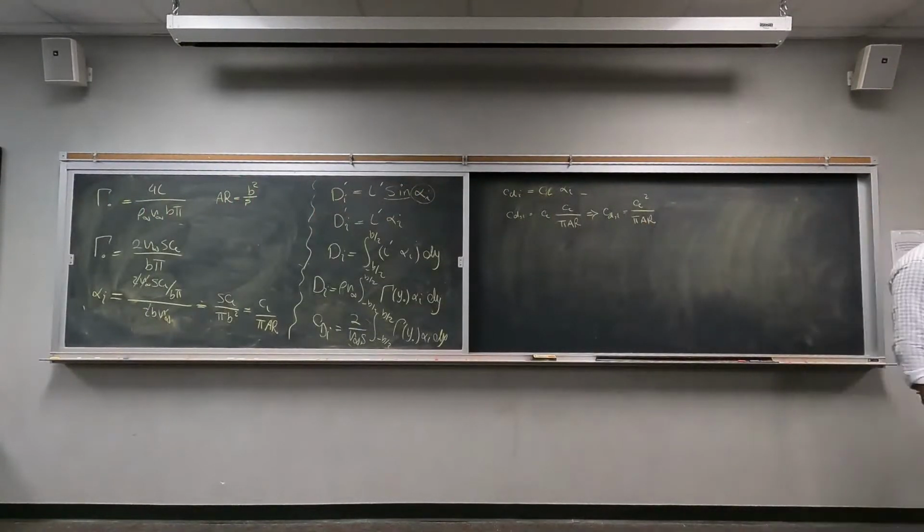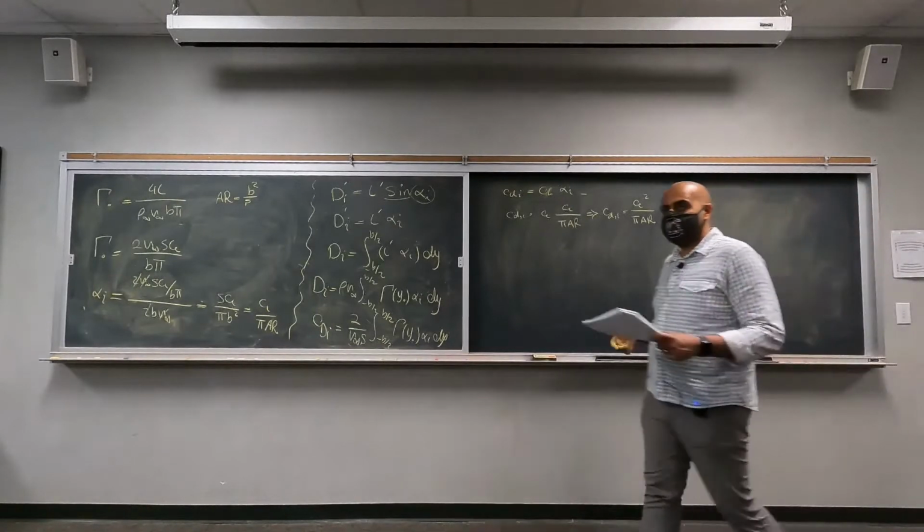It tells you that your induced drag is directly related to your lift coefficient, right? And inversely related to aspect ratio. As you increase the aspect ratio, your induced drag is going to become smaller and smaller because you are getting closer to the infinite wing formulation, right?